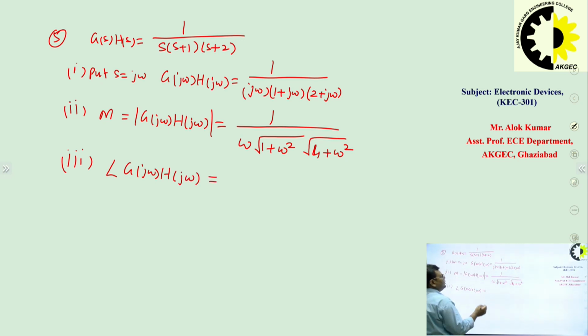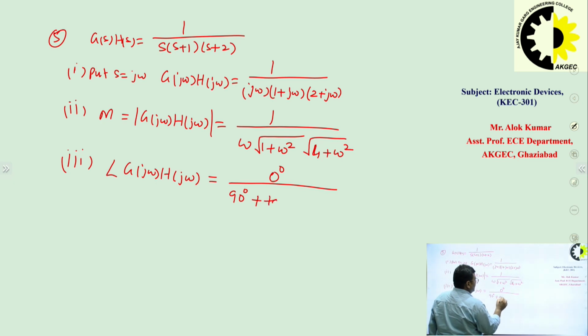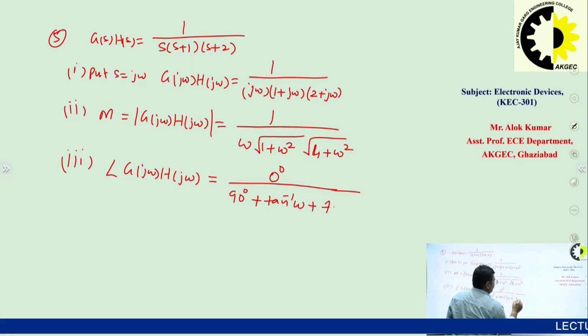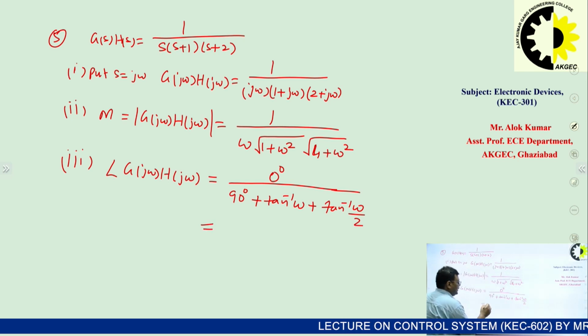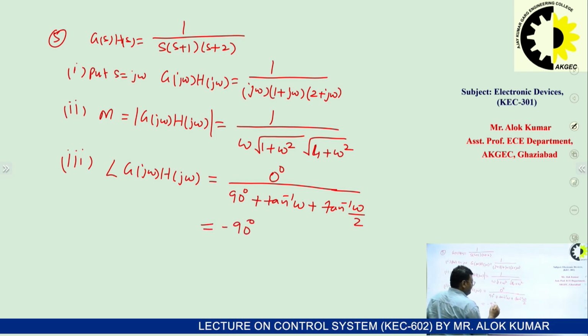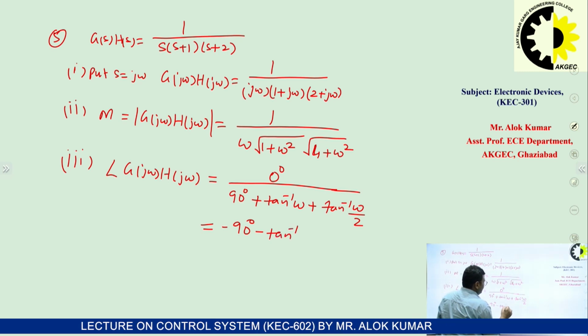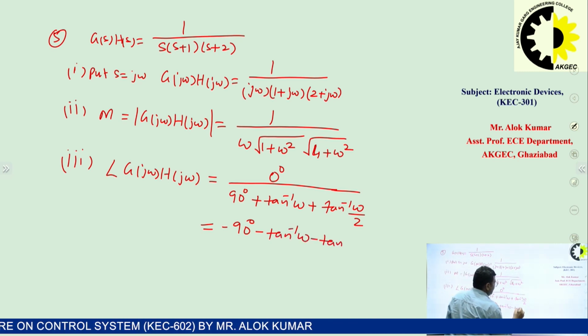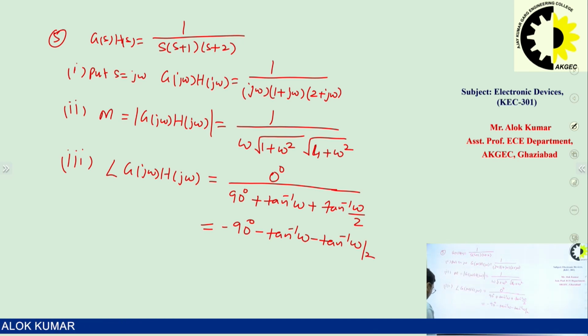Angle will be, due to this numerator part, 0 degree, and due to this denominator part, it will be 90 degree due to this origin pole, again tan inverse omega due to this non-origin pole, again tan inverse omega divided by 2, or we can write it as minus 90 degree minus tan inverse omega minus tan inverse omega by 2, right?